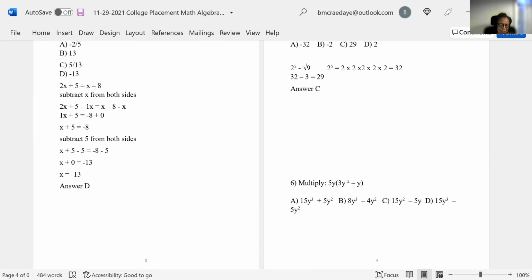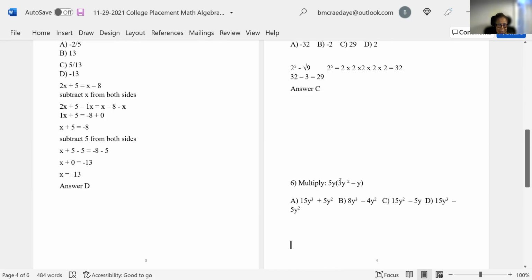So what's your answer for number 6? C. Okay, 5y times 3y to the second gives you 15y to the, no, you've got to add. Remember, you've got a 1 here, and you've got a 2, so you know that's got to be a 3. So it's D.